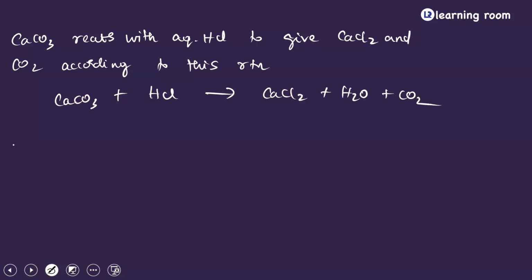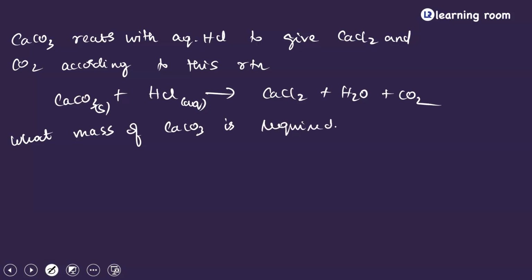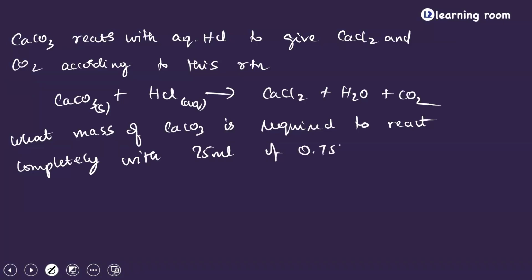What mass of CaCO3 is required to react completely with 25 ml of 0.75 M HCl? Solve it out first.